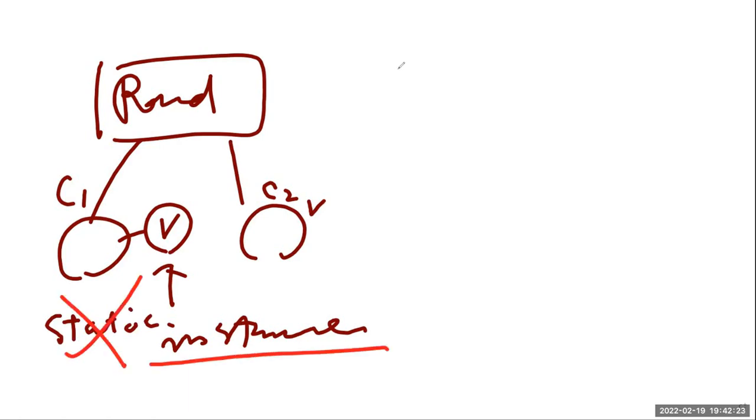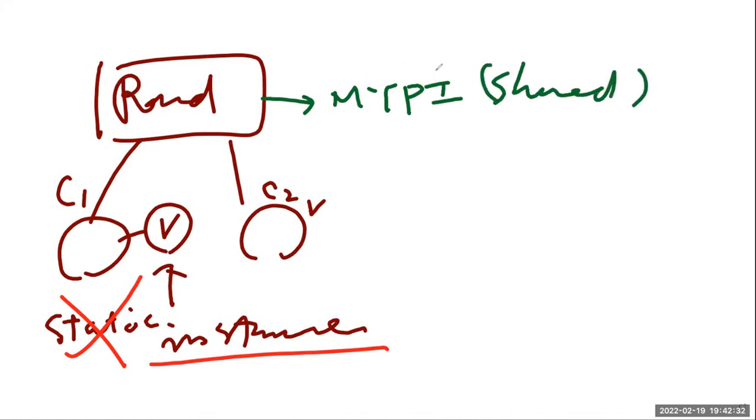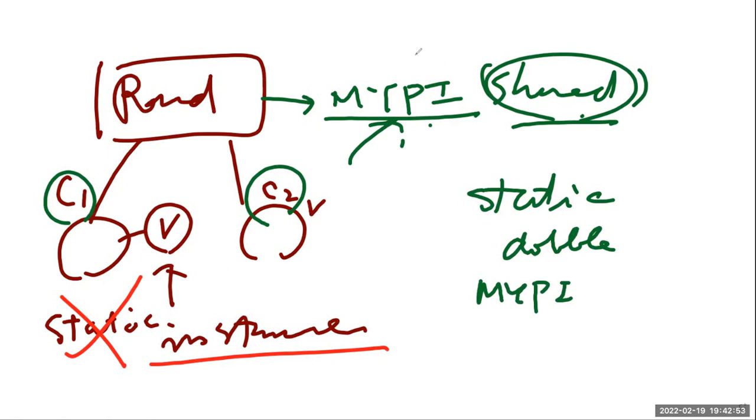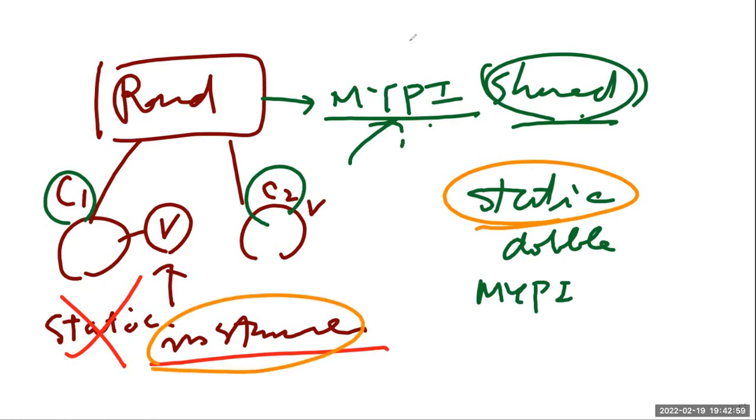There is another variable, say myPi. MyPi is a shared variable. For every object, circle 1 and circle 2, myPi is the same value. This kind of variable is a shared variable. For class variables, we use static double myPi. So remember, static is for shared properties, and non-static is for instance properties.